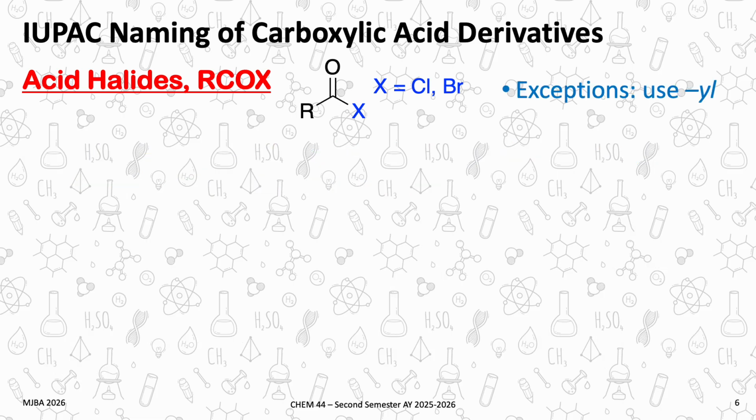There are some exemptions to this, especially those common names for the acyl groups. So instead of -oyl, it actually ends with -yl. The first one, carbon 1, is formyl.